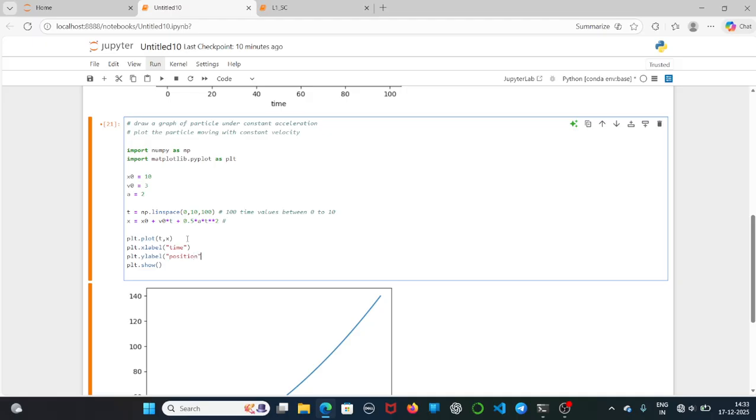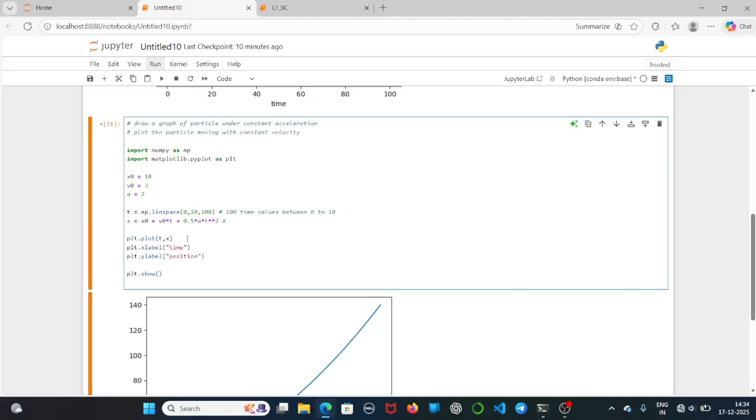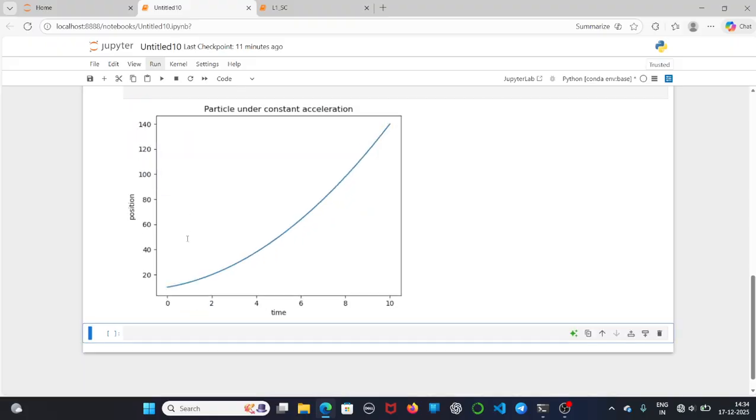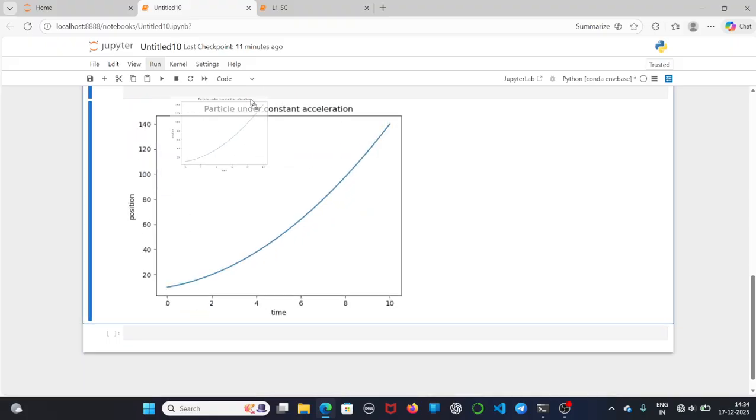The particle is moving in a straight line, that you already know. I can also give plt.title, and I'm going to give here particle under constant acceleration. And if I press shift enter, you can see here is the label, particle is moving under constant acceleration.